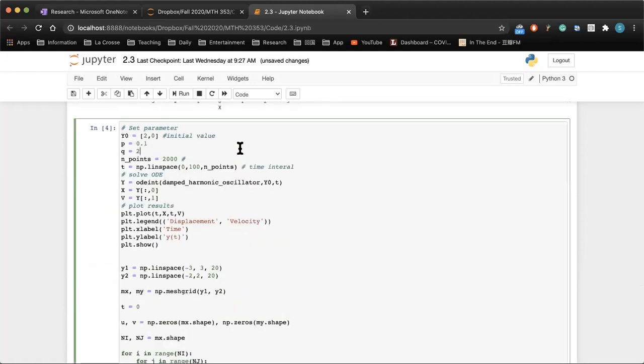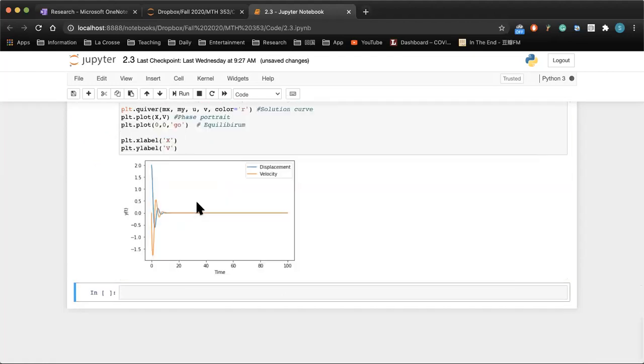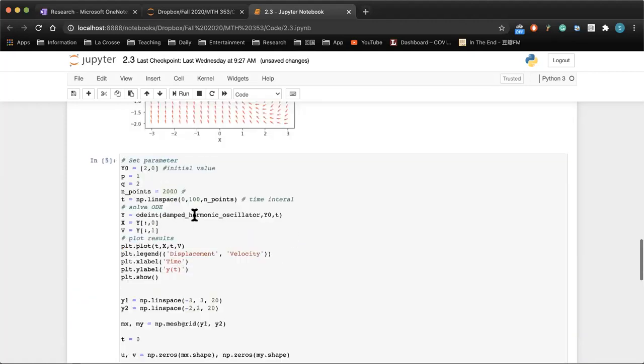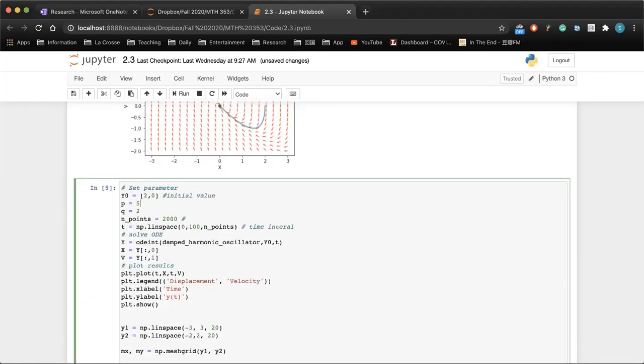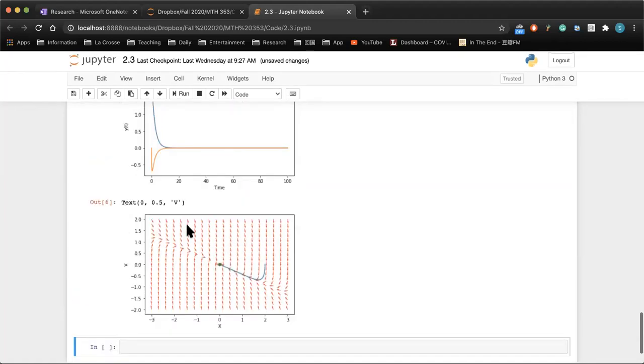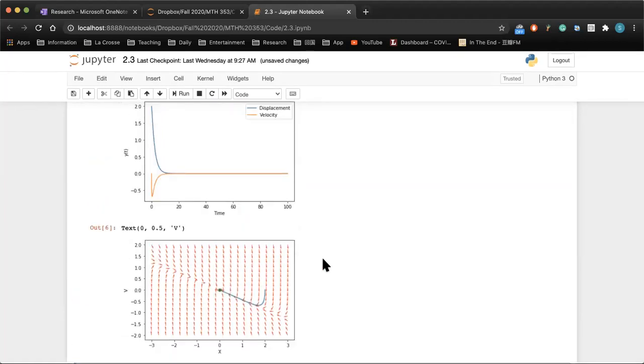Now, if you keep increasing your friction, let's make it 1. You oscillate only a few times, then you hit this. Let's make it 5. Now you can see you don't even oscillate because your friction becomes too big. You stop right before your first oscillation. You just stop there, and you produce something that looks like exponential decay.